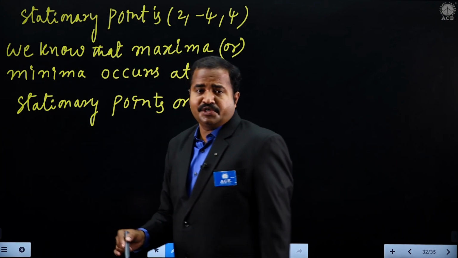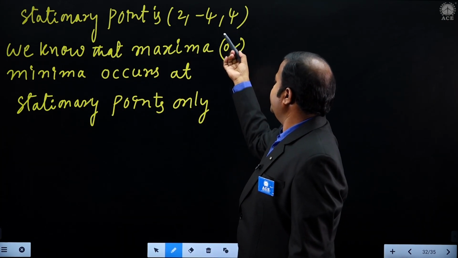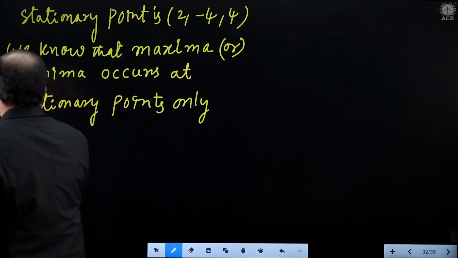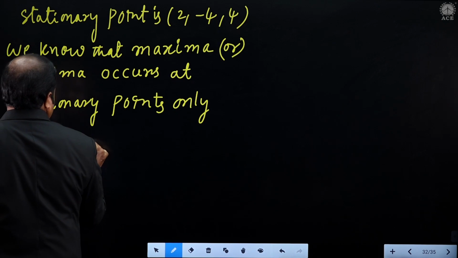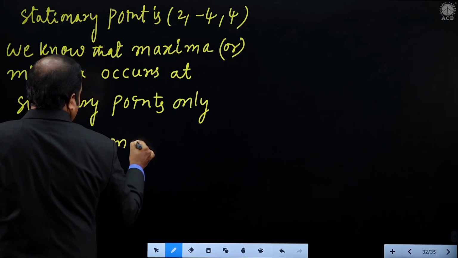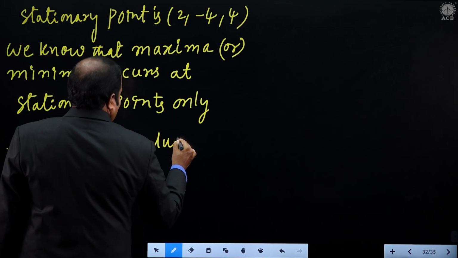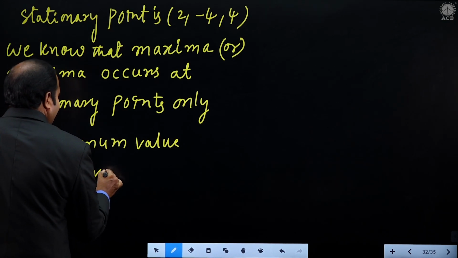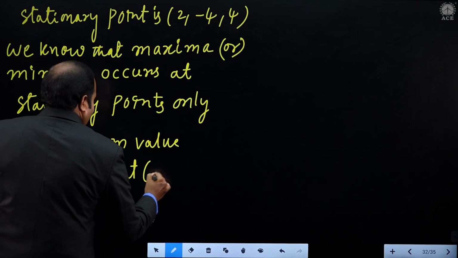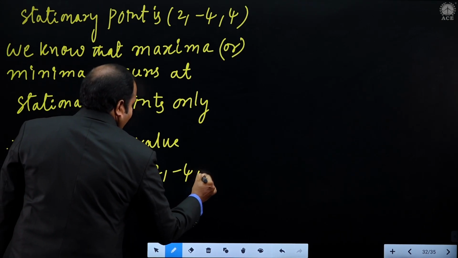Therefore, for the given function, the minimum value occurs at this point, because we have one point only, at (2, -4, 4).